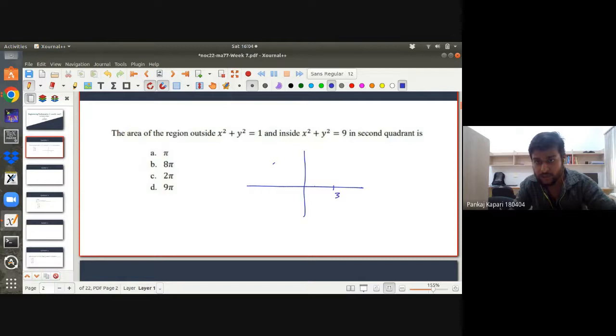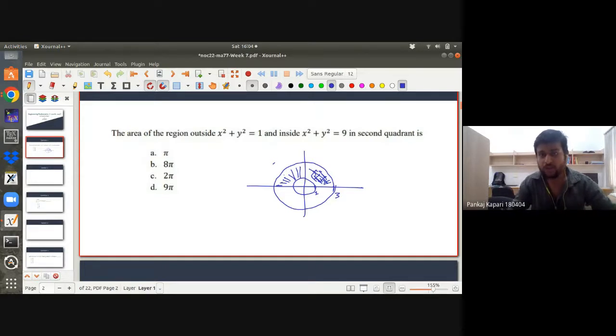There are two circles, one of radius 1 and another of radius 3, and we have to find the area in the second quadrant. So basically we have to find this area. Note that the area of the shaded region will be equal to this particular area also. It doesn't matter in which quadrant you find this area.